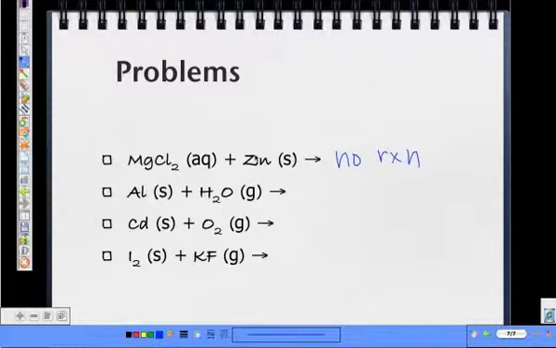Is this steam? How do we know it's steam? It's a gas. So we are going to produce H2, and then aluminum oxide would be Al2O3. So we're going to need a 3 here and a 2 here. That gives us 6, so a 3 here.